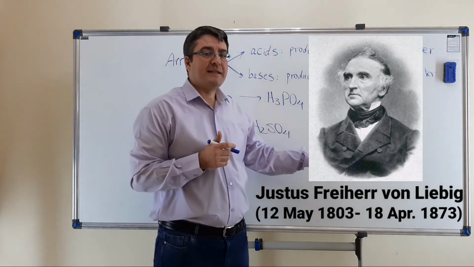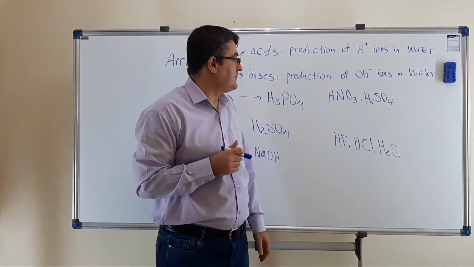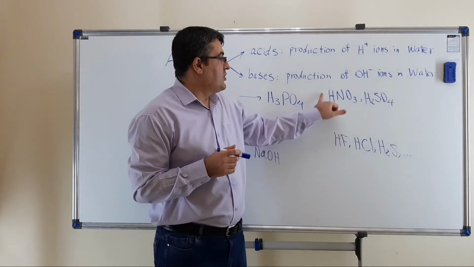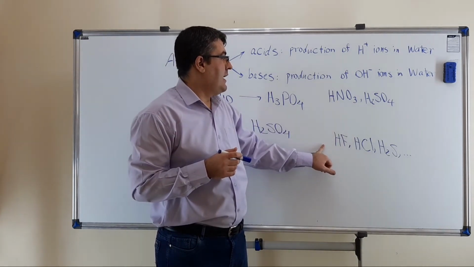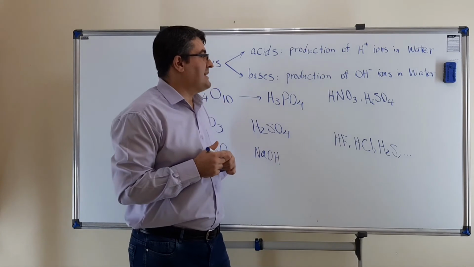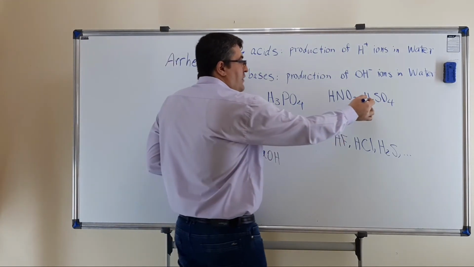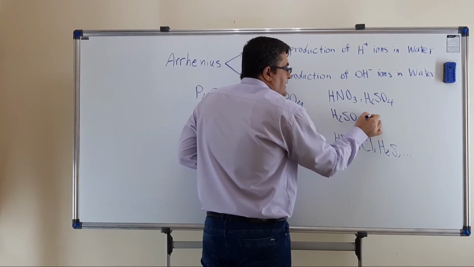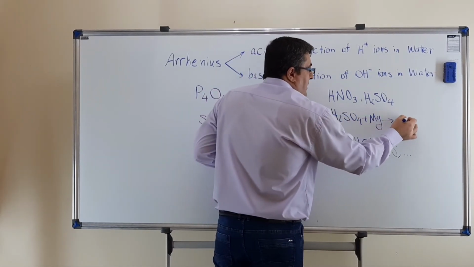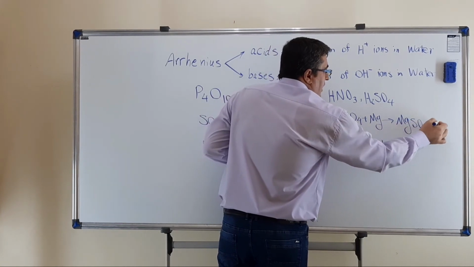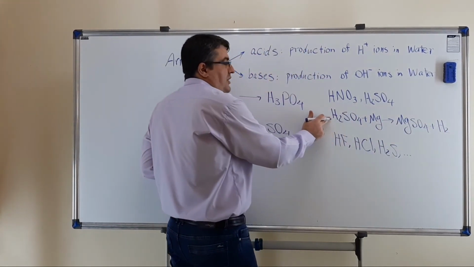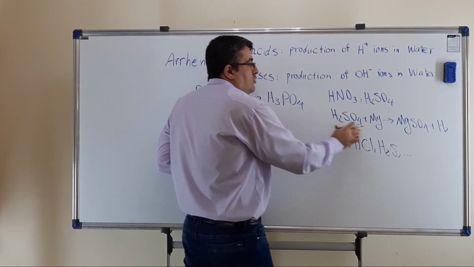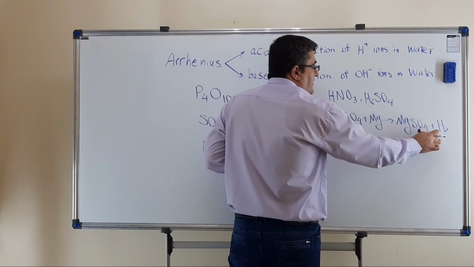Based on Liebig's acid-base definition, both of these kinds of compounds can be considered as acids. Sulfuric acid is an acid because its hydrogens can be replaced with a metal, as in this reaction. Magnesium reacts with sulfuric acid to produce magnesium sulfate and hydrogen gas.